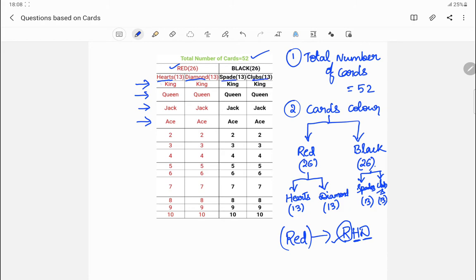These 16 cards, 4 kings, 4 queens, 4 jacks and 4 aces, are called honor cards. Now, the leftover cards are called digit cards.